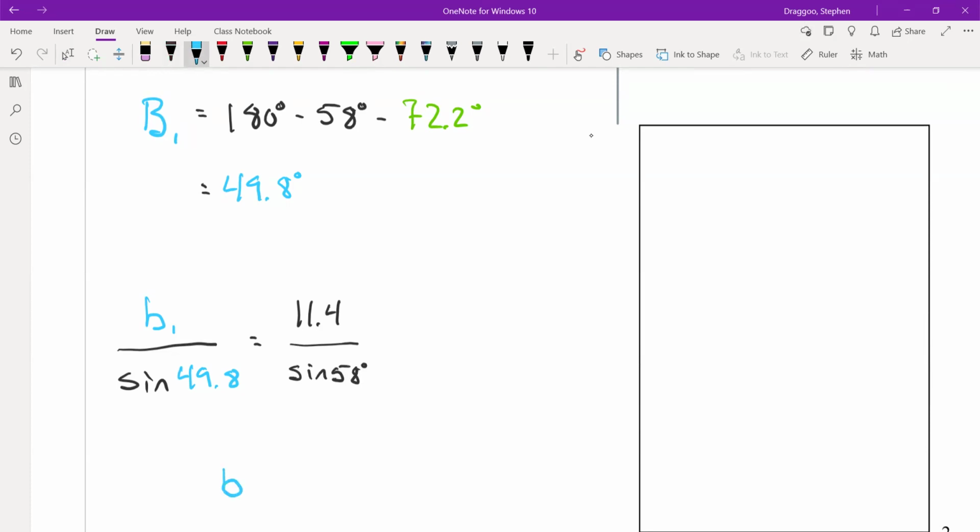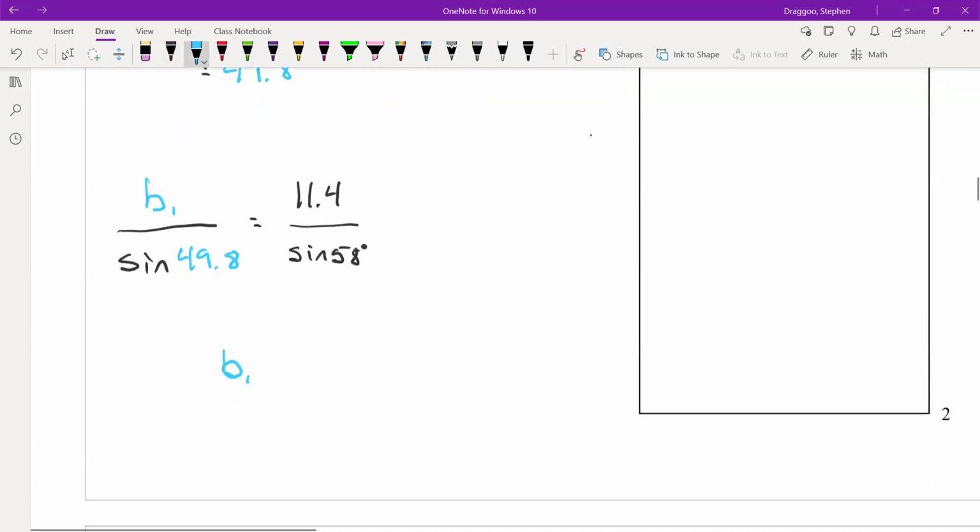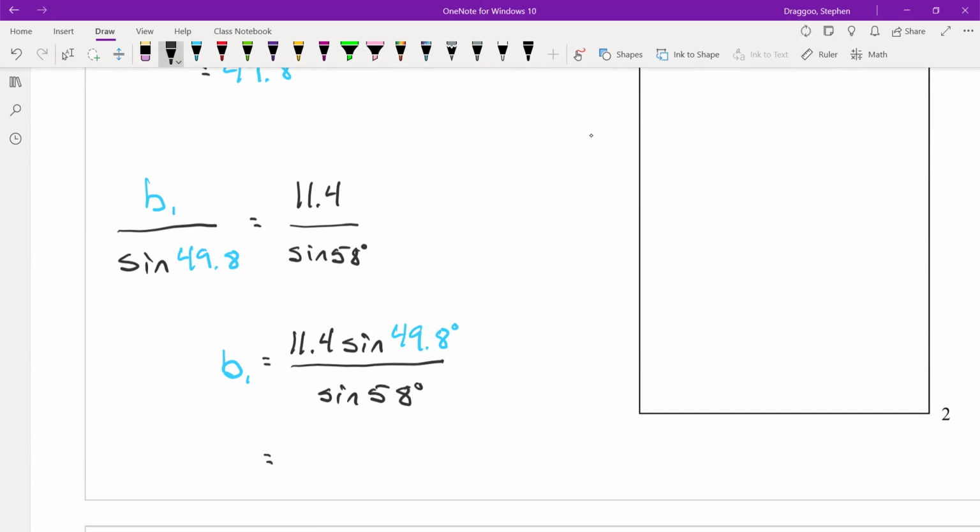Solve that for B1, which just means multiplying the sine over to the other side. 11.4 times the sine of angle B, 49.8 degrees, divided by sine of 58 degrees. And I got 10.3.